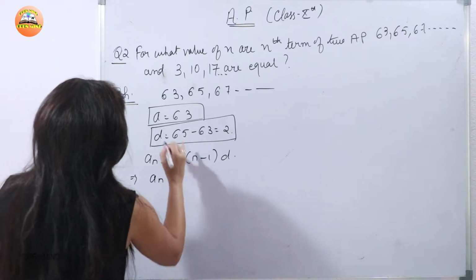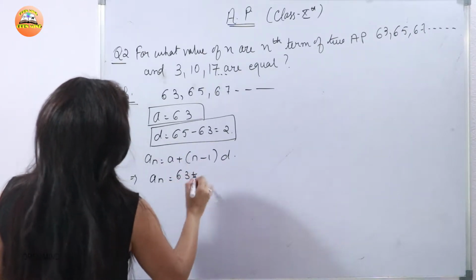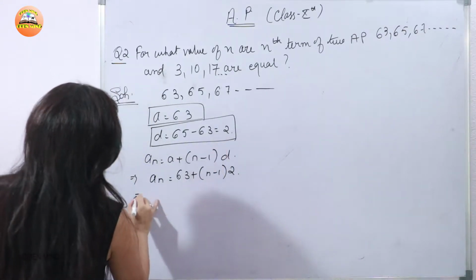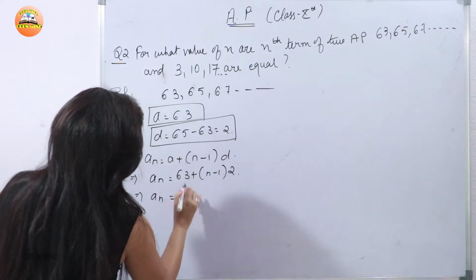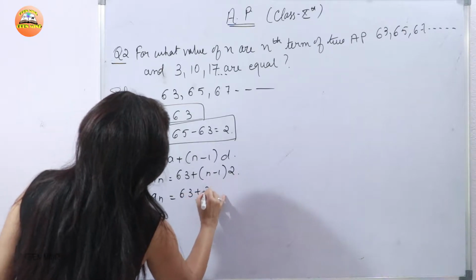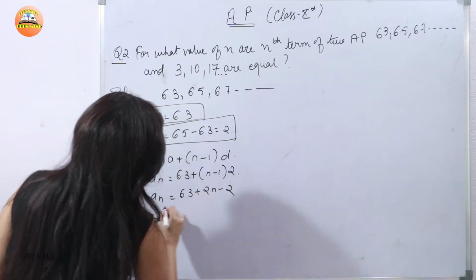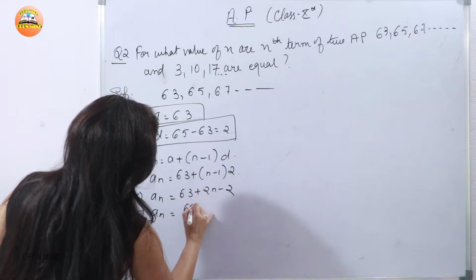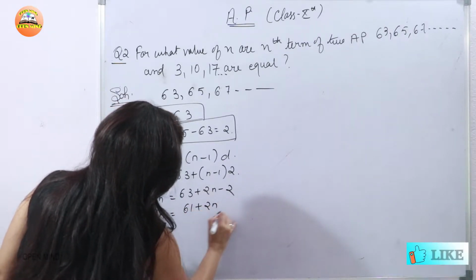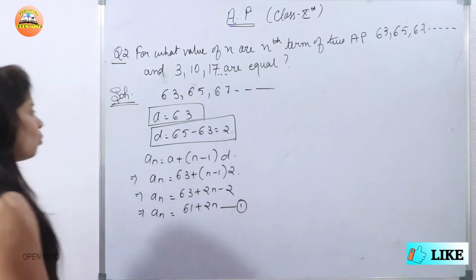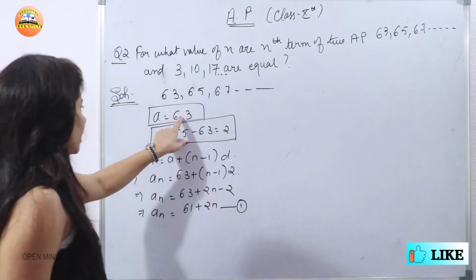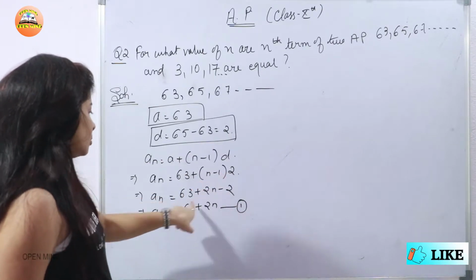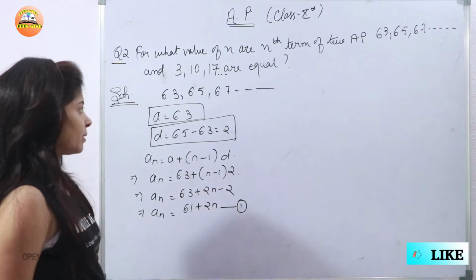So an = 63 + (n - 1) × 2. So this implies an = 63 + 2n - 2. So this implies an = 63 - 2 is 61, 61 + 2n. Put it as equation number 1. a was 63, d was 2, 2n minus 2, 63 minus 2 is 61, 61 + 2n.